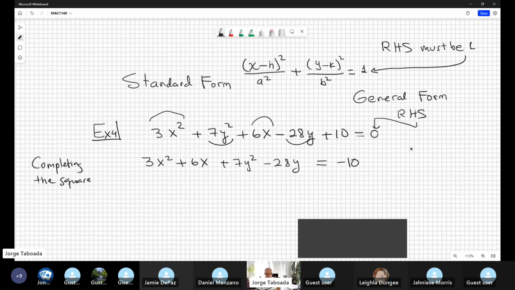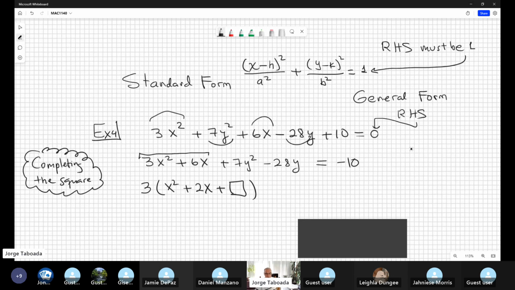To complete the square, in this case, it's easy because I see in between this and this, the common factor between 3 and 6 is 3. I factor out 3. I will have x squared plus 2x plus something. It's the magic number that helps me to complete this square.